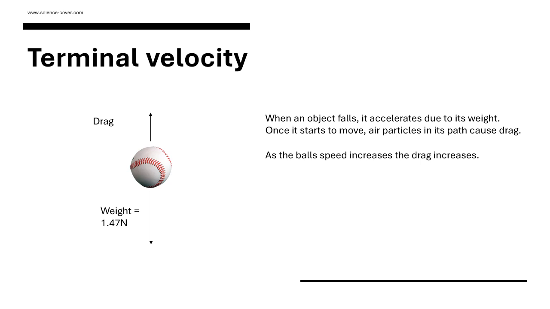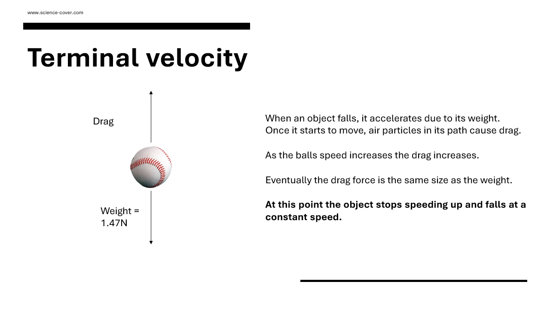As the ball's speed increases, the size of the drag increases. Eventually, the drag force is the same size as the weight. At this point, the object stops speeding up and falls at a constant speed. We call this speed terminal velocity.